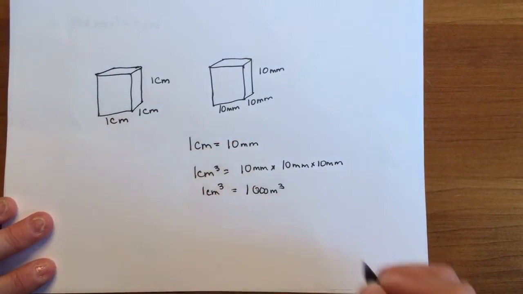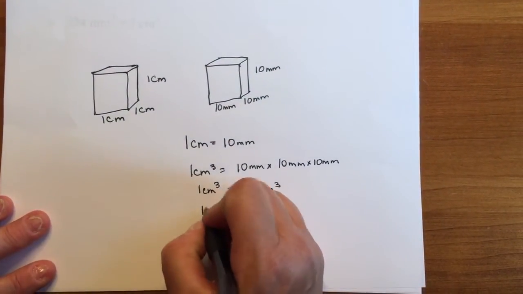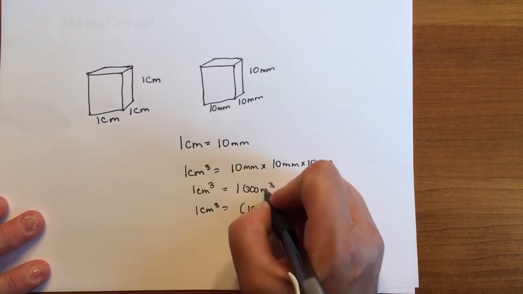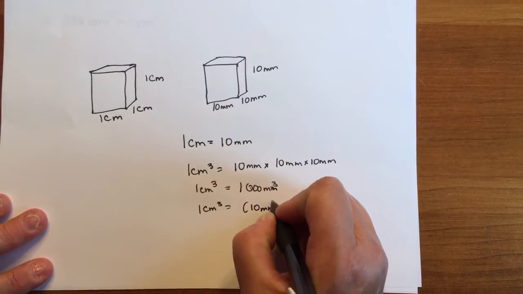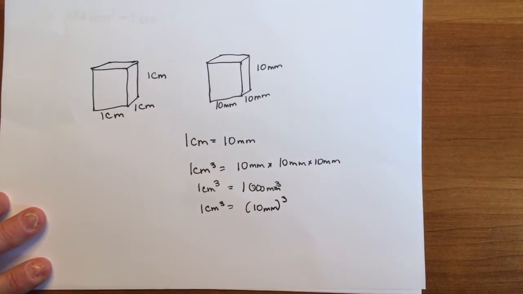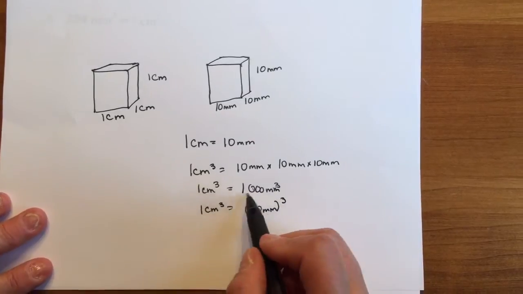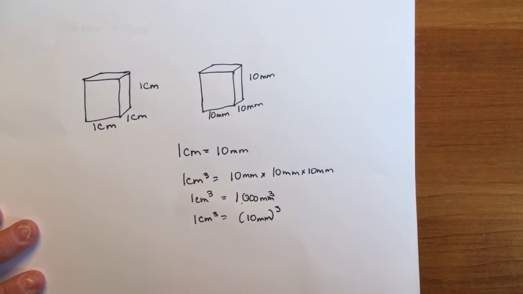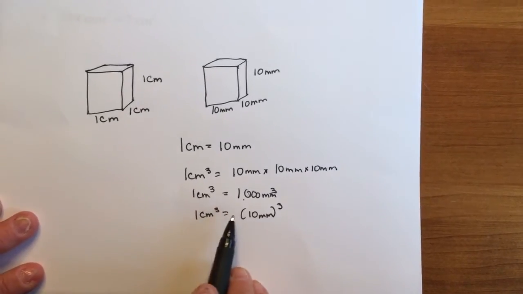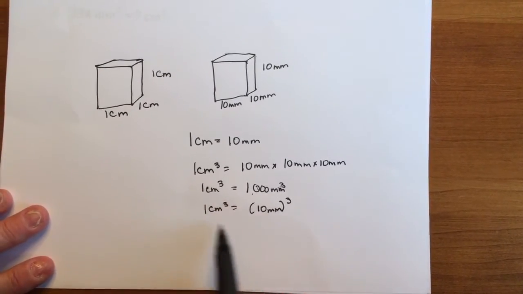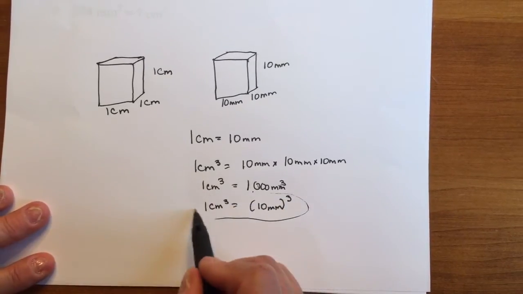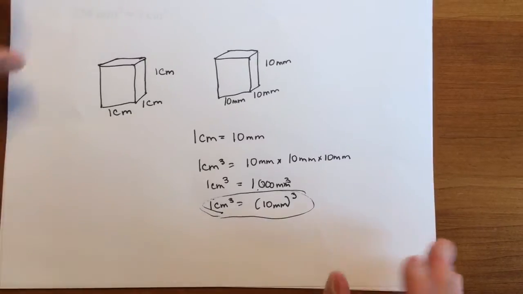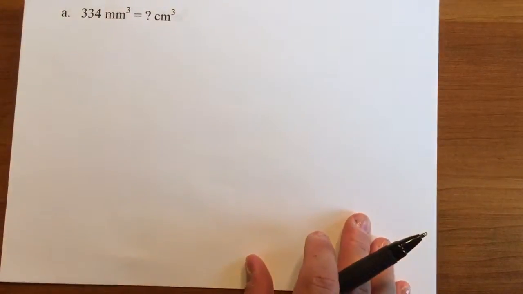Or simply, an easier way to understand this would be that 1 centimeter cubed is the same as a 10 millimeter cubed block, because 10 cubed is the same as 1,000. So you can look at it either way. And we're going to use these types of conversions when we convert exponential problems.